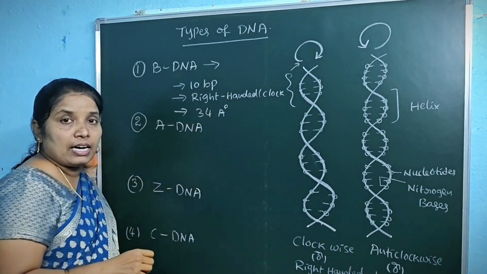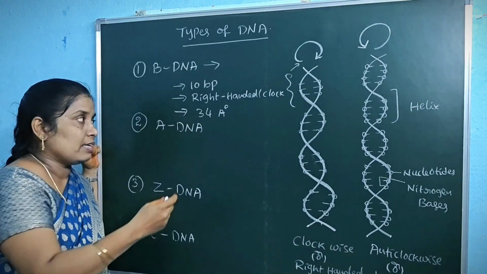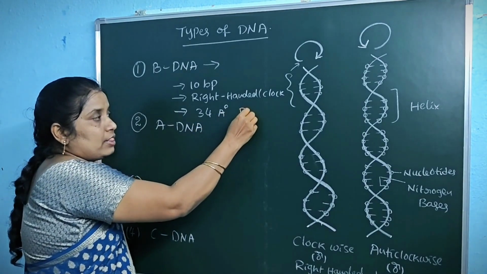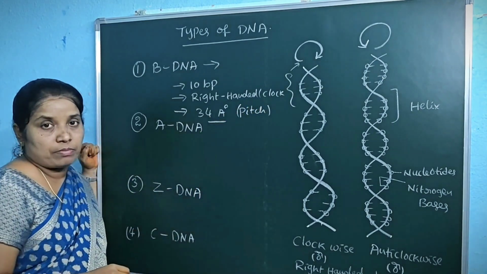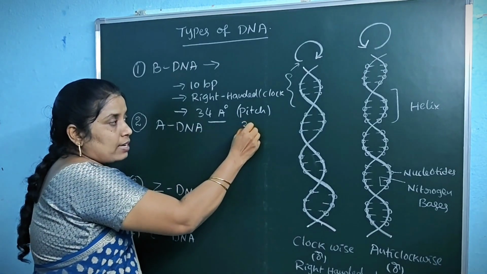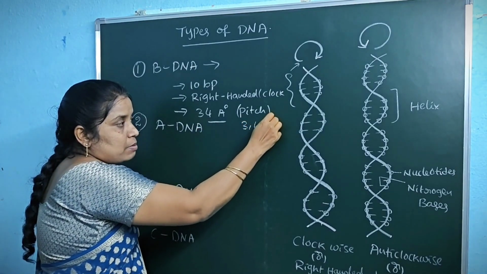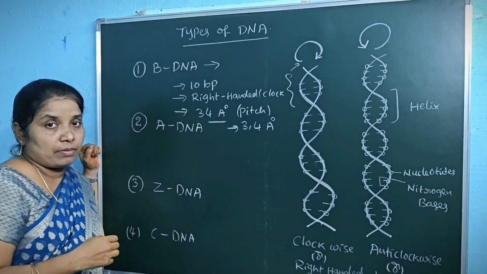Pitch is nothing but the distance, or the length, of the helix, that is 34 angstroms. The distance between two base pairs is 3.4 angstroms.